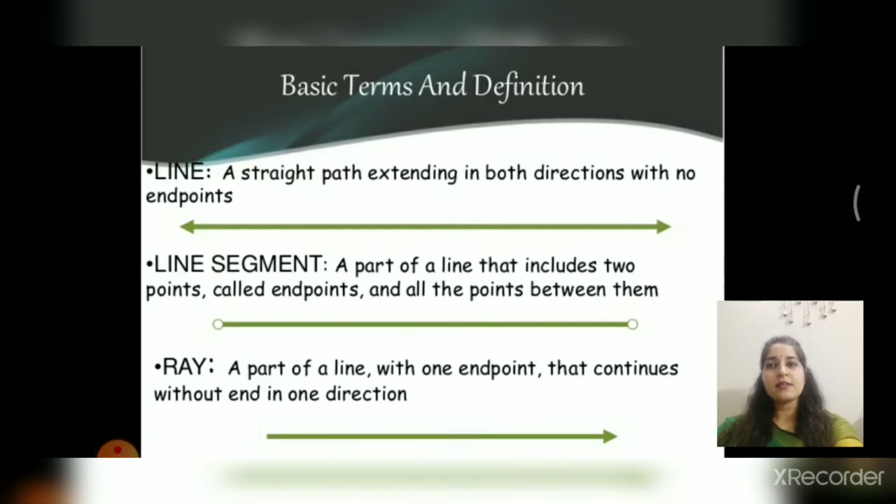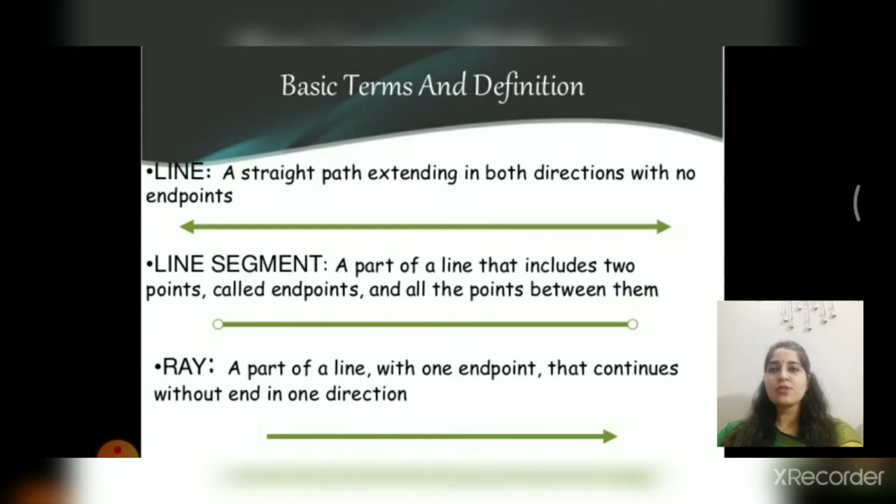First one is line. A straight path extending in both directions with no end points. As you see the first figure, it is a line. It has arrows on both ends, which represents that it can be extended from both sides, left and right. Next is line segment.